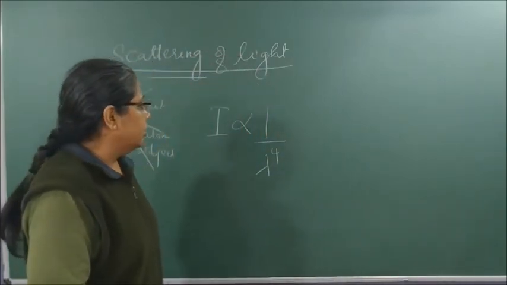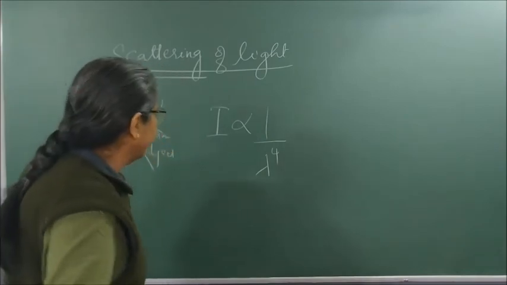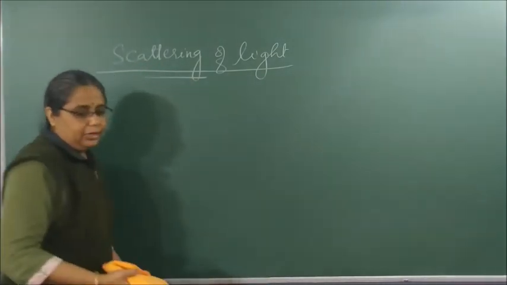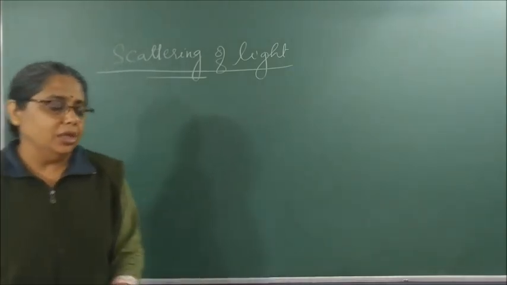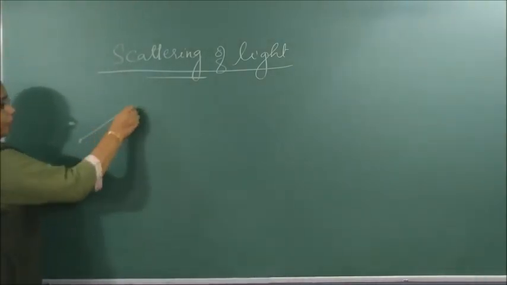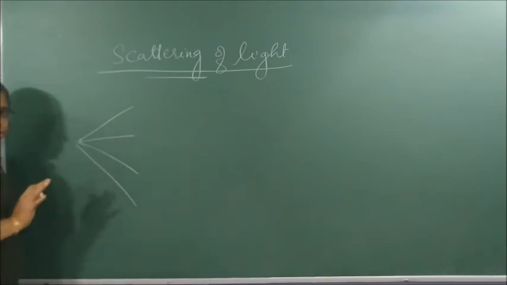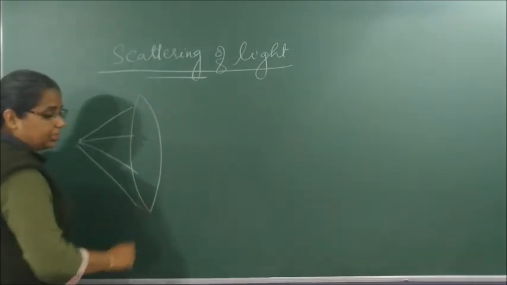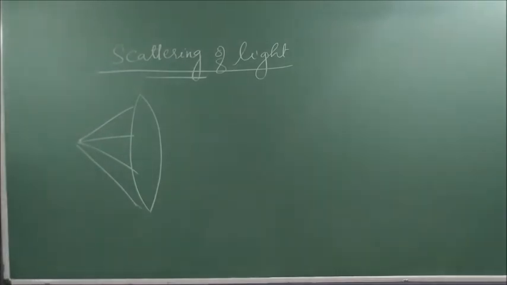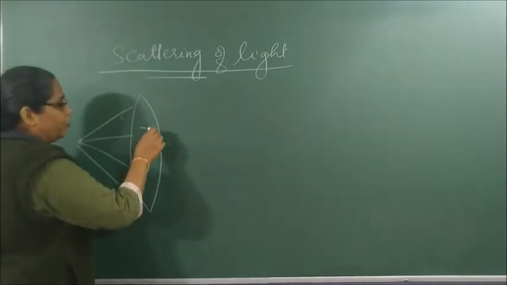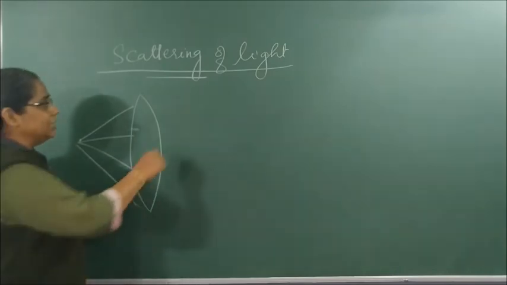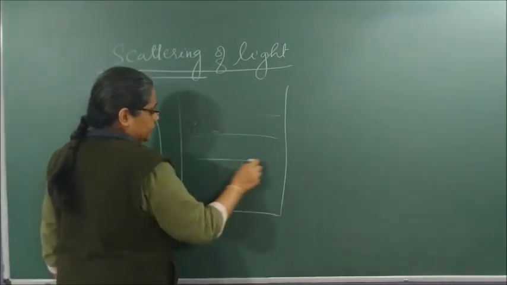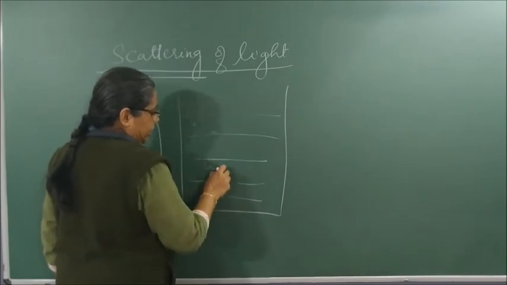What we are doing here is trying to find out the scattering of light by colloidal particles. So first thing we do is take a source of light from where many rays come. We place a convex lens because it converges the beam of light. Then with the convex lens we place a tank which has nothing but clear water in it initially.